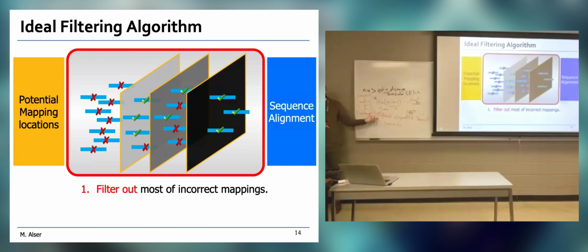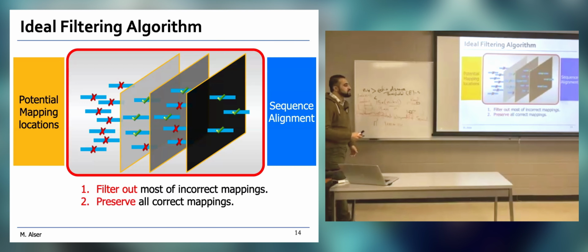Okay? So if we are able to detect that number correctly, then we could filter out most of them. However, most of the filters that we are going to visit over the next lectures can approximate that number, but cannot tell you the exact number. Okay? That's why we are aiming to filter out most of the incorrect mappings.